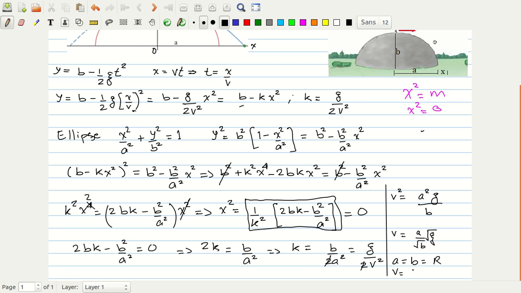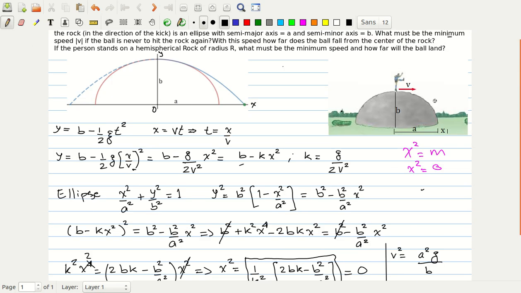So you get square root of g times r. So this is what our first part of the problem is, that what should be the minimum speed of the ball if it's an ellipsoid. In that case it is a times root g divided by root b, and if it is a hemisphere it's going to be simply v is equal to root of g times r.